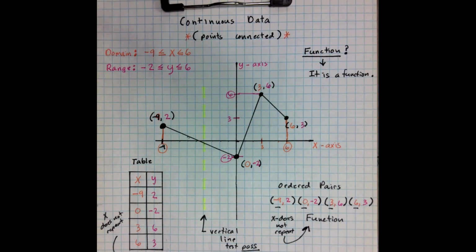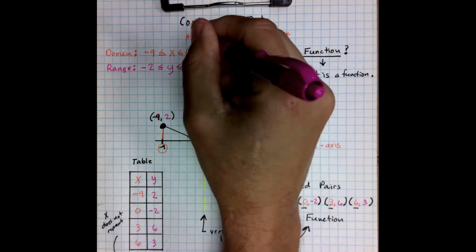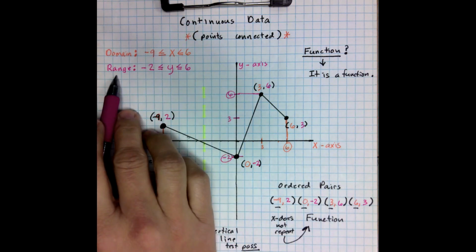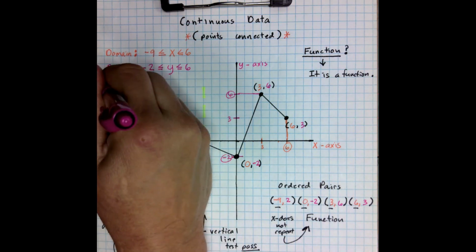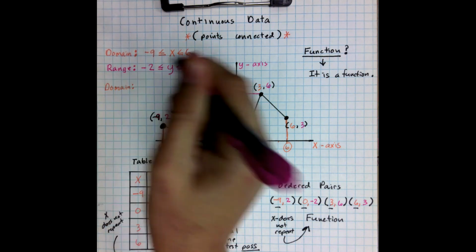Now the last thing we're going to do is write this in what we call interval notation for the domain, and we're going to write interval notation for the range as well, so that you can see the difference in how we notate it. So I'm going to write the domain.